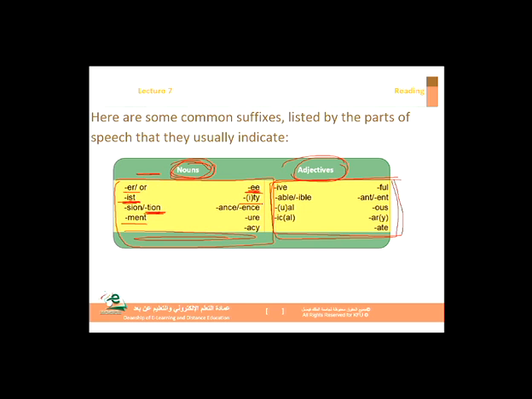All right? -ity, -ance, -ure, -se. Okay? So these are some examples. Then we have adjectives. So -ive, -able, -al, all right, -ful, and more. So look at them one by one and try to find out examples.